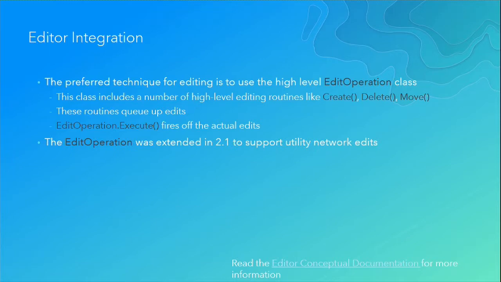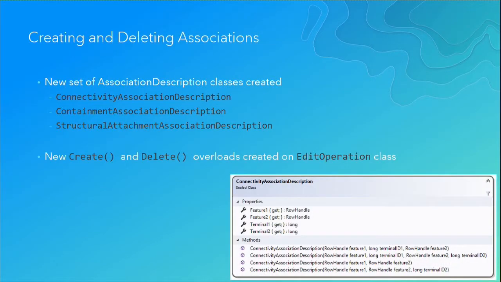You delete a row, you move a row, there's all sorts of different editing things you can do. All of those routines don't make the edits, they queue them up. And then you call execute, and that actually makes the edits happen, causes the service to be called, etc. So in 2.1, they extended that edit operation class to support some utility network editing.